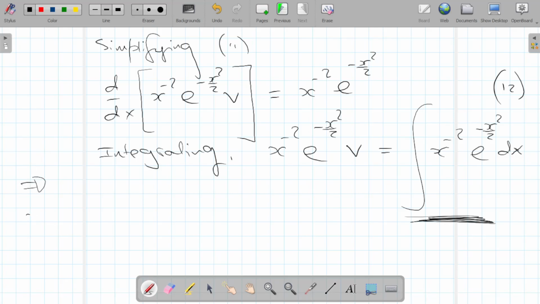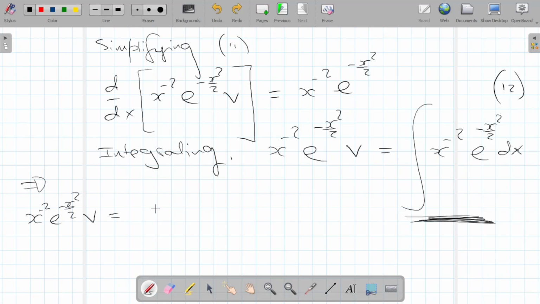So we'll just put our implication sign. So what we get is x to the minus 2 e to the minus x squared over 2 times v equal to, well, we've got a minus e. Let's be consistent with this.